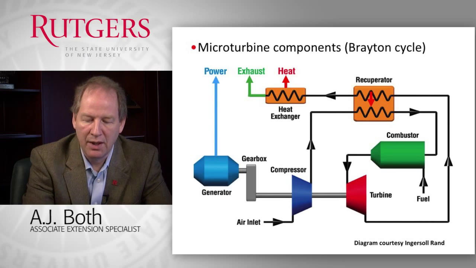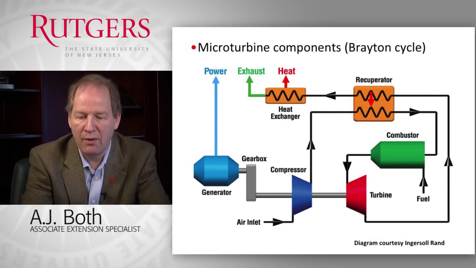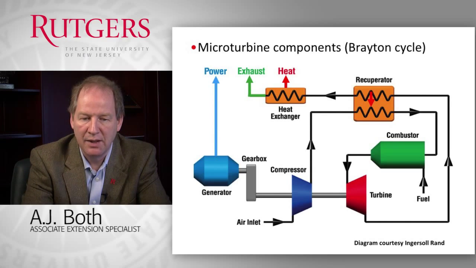So this is a very simplistic picture of how a combined heat and power system might work. In this case, the example is for a microturbine that uses the Brayton cycle as a process of generating both electricity and heat.